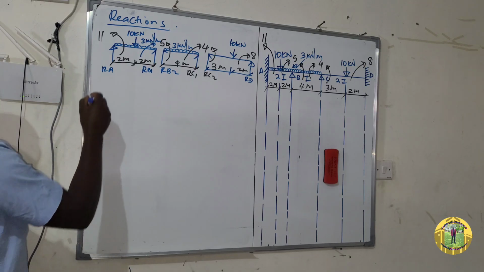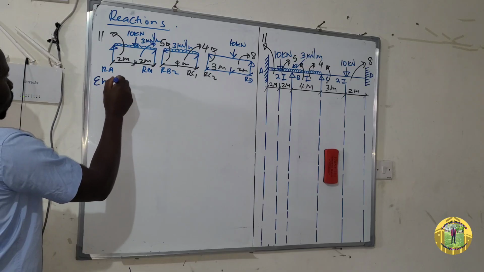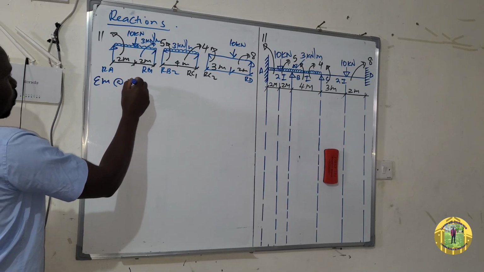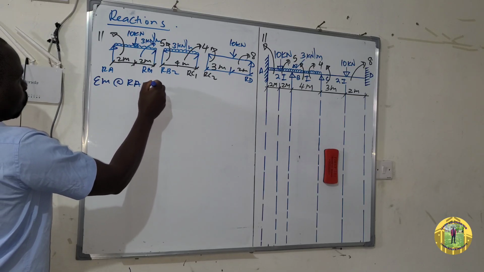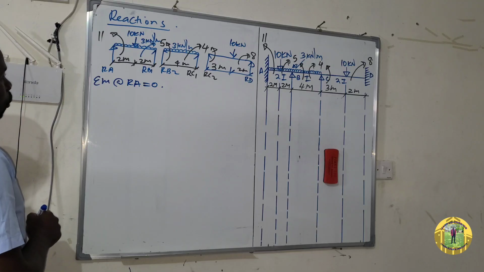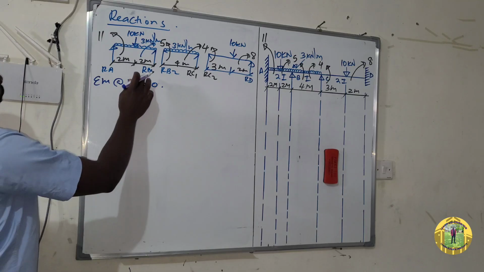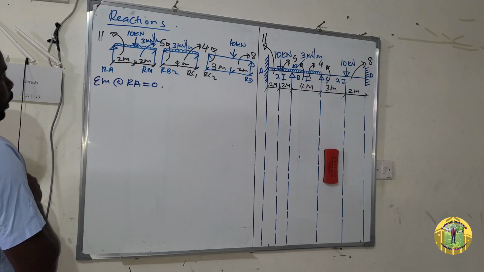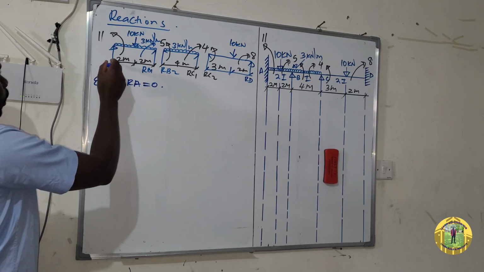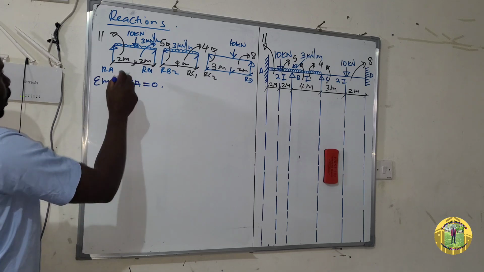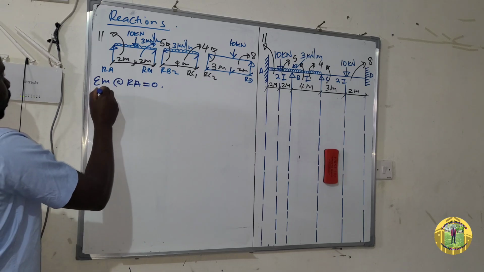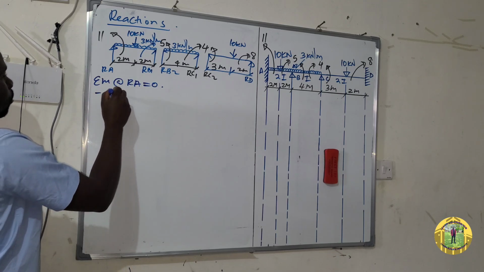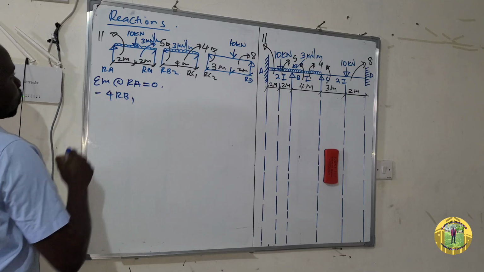So say summation of moment at RA is equal to 0. So automatically we will be looking for RB1. So RB1 is moving in anti-clockwise direction, and therefore the distance from here up to this point is 2 plus 2, 4. So minus 4 RB1.